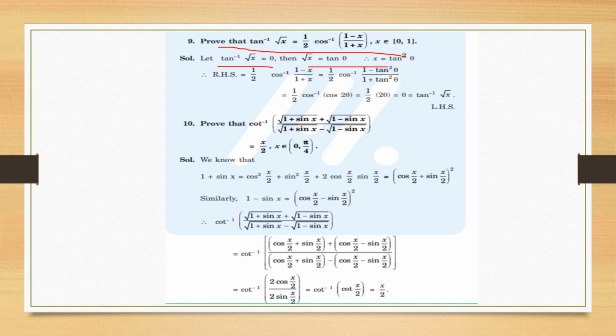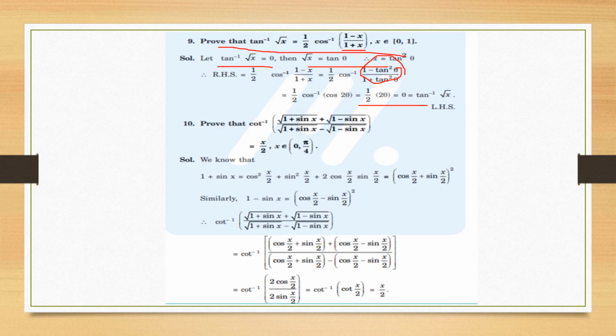So 1 minus tan square theta upon 1 plus tan square theta. So this is the formula for cos 2 theta, right? This is why we substituted, to change this to cos of something so that we can operate with cos inverse, right? So it becomes half of 2 theta, that is theta, which is equal to tan inverse root x, that is the required left hand side.